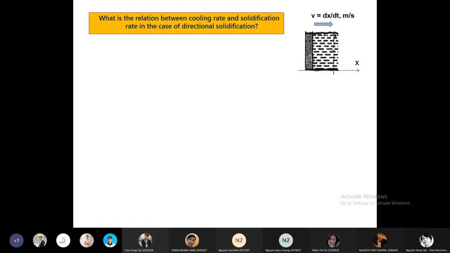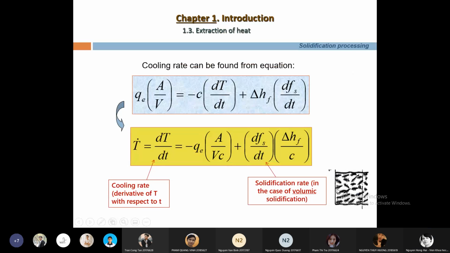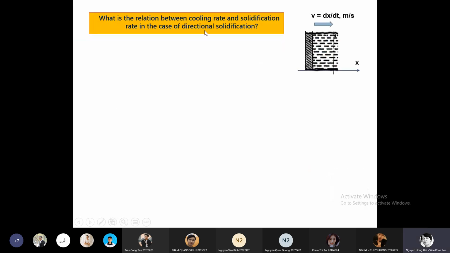So you can consider the unit as meter per second, because it is a movement of the solid-liquid interface toward the center. So this is directional solidification. You have to distinguish volumic solidification and directional solidification.